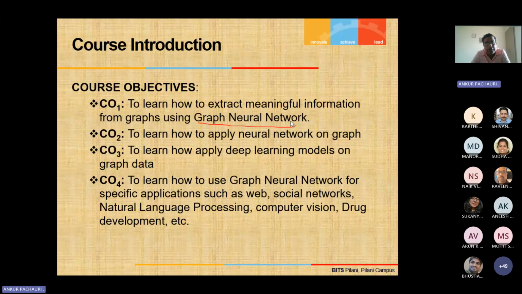First, you will learn how to extract meaningful information from the graph. Second, how to apply a neural network on a graph. Third, how to apply a deep learning model on graph data. And fourth, how to use the graph neural network for specific applications, such as web, social network, natural language processing, computer vision, drug development, and many more.